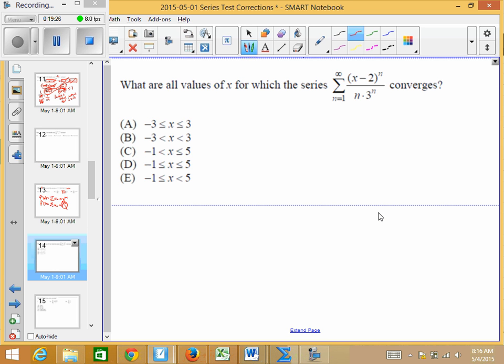Before we go to the power series, we have to do the ratio test, and then check the endpoints. I'm guessing these ones will be in the practice, so I'm not going to go through them. It's the same as the one we already did, just with different numbers.